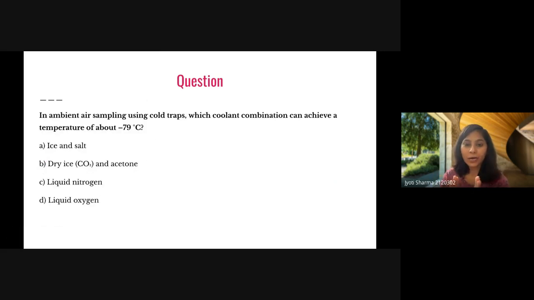Okay, so till now, what we have learned is that we can collect the air using grab sampling, using liquids, and using some solids. The fourth method of storing our air or pollutant in the air is using the cold trap or freeze-out sampling, right?